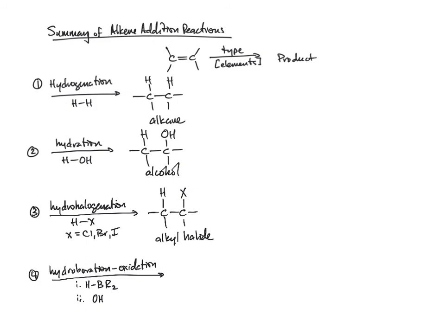This is a two-step process, hydroboration. The first thing we're adding is hydrogen, and then this boron group. That is typically not isolated. We add a second set of reagents that do an oxidation, where the boron is transformed into an alcohol, so OH.